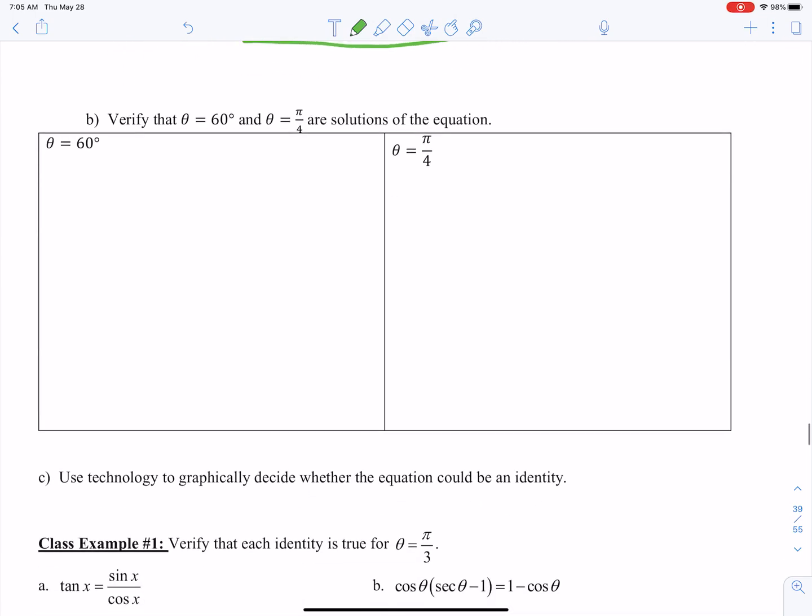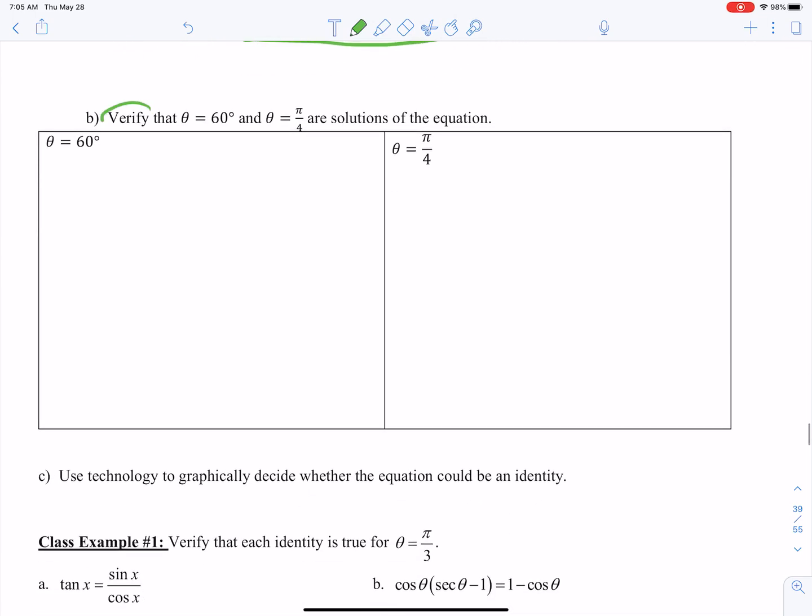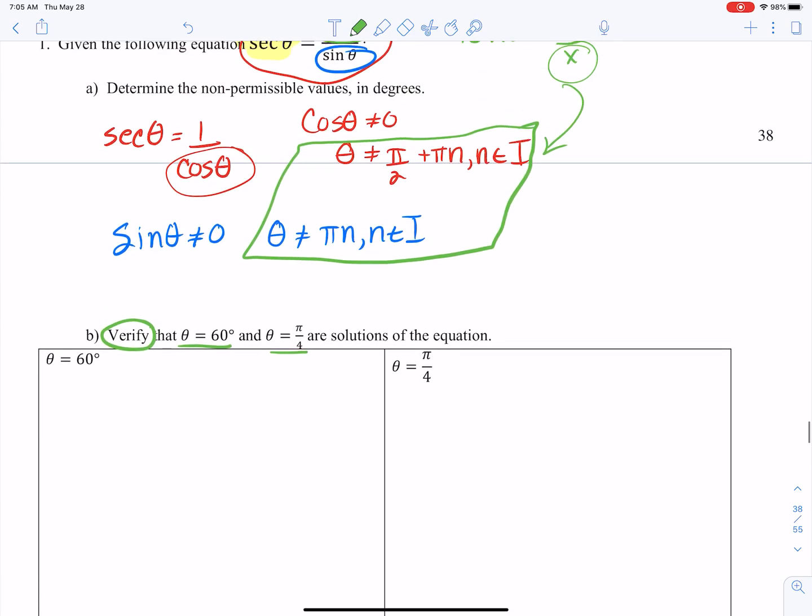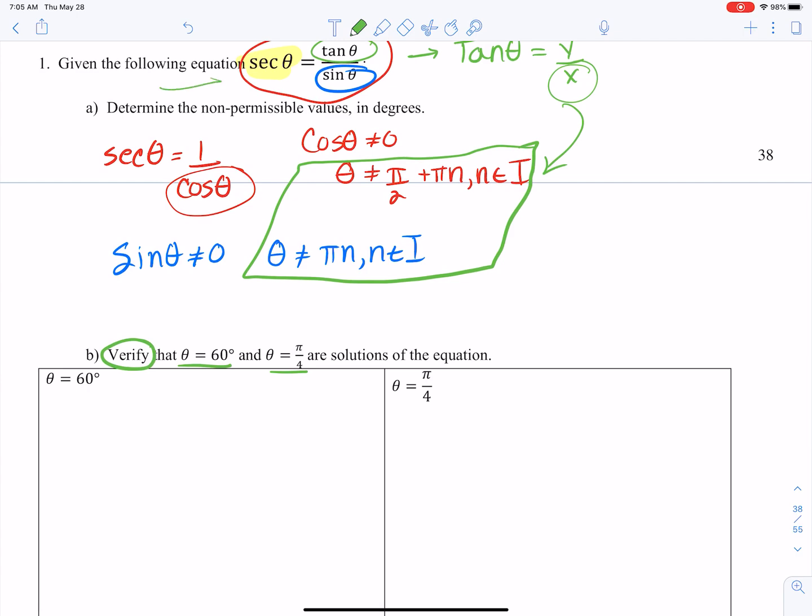All right. Now we are asked to verify. Whenever we ask for a verification, we will give you the angle that we want you to verify. And they are asking us to verify both a 60-degree angle and a pi over 4 angle. So here's the process. I write down the identity they give me, which is sec theta is equal to tan theta over sine theta.